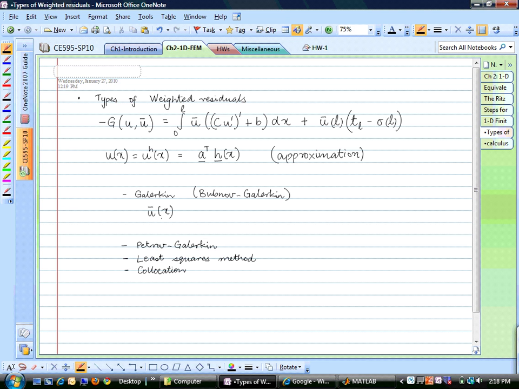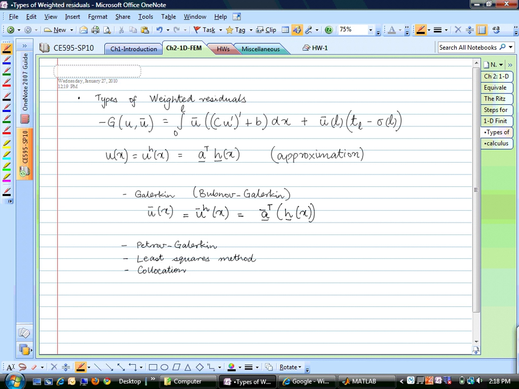Our virtual functions can also be discretized with the same shape functions, but with different coefficients. If we do that, then this is called the Galerkin approximation.